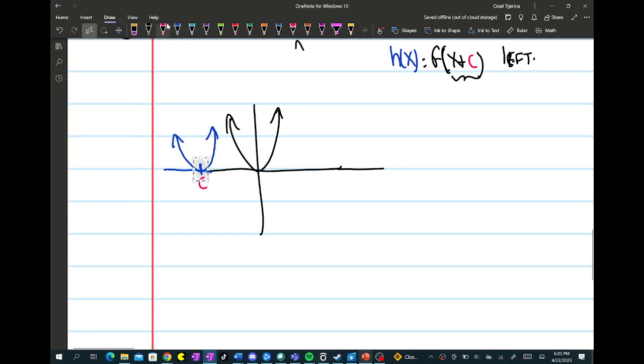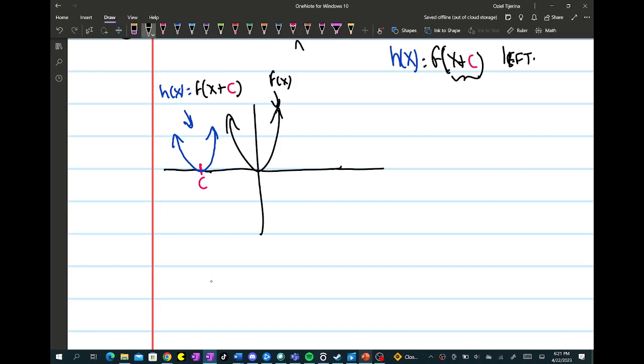So this blue parabola here, if I say this is f of x, then this is h of x, and it is defined by f of x plus c, okay?